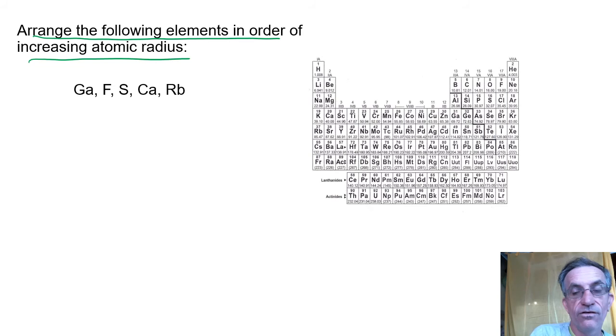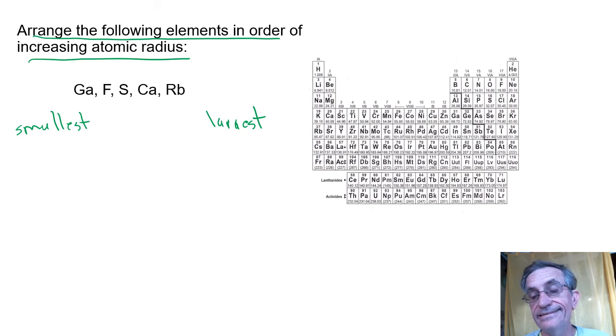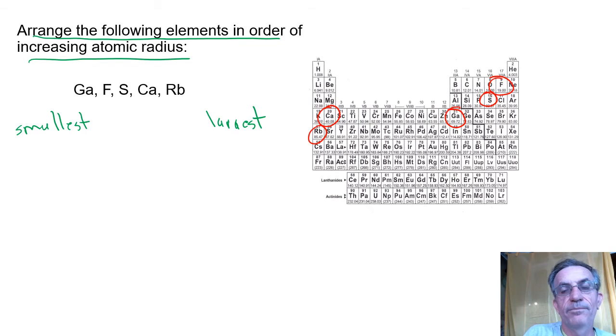So they want me to go from, I guess, the smallest atom and put them in order to the largest atom. So what I'm going to do is find them on the periodic table first. So the smallest atom, and we're going to go to the largest atom. They want me to think about gallium and fluorine and sulfur and calcium and rubidium.